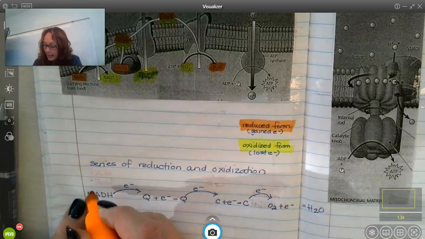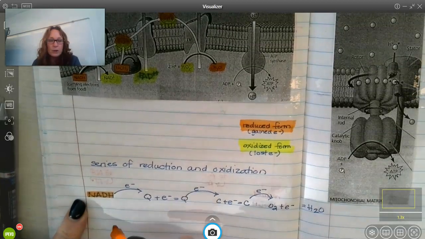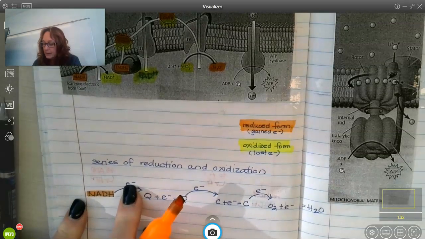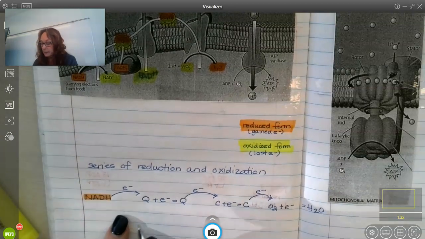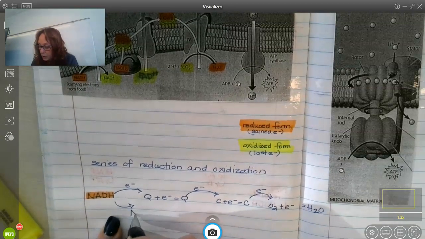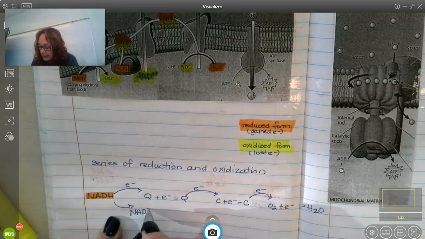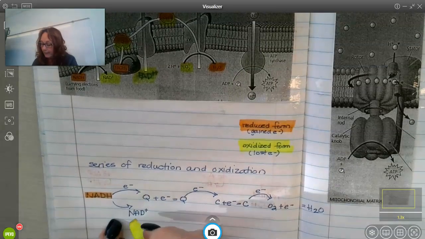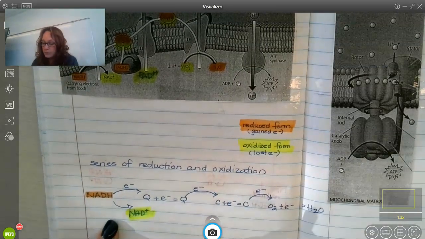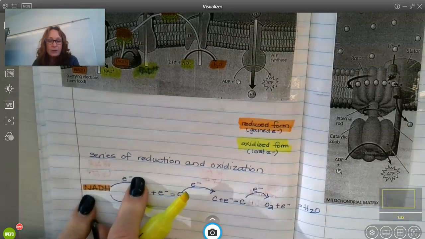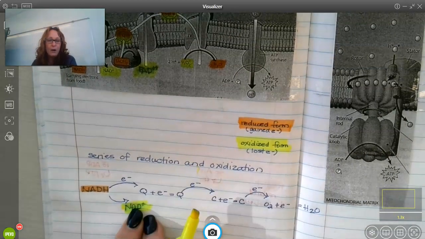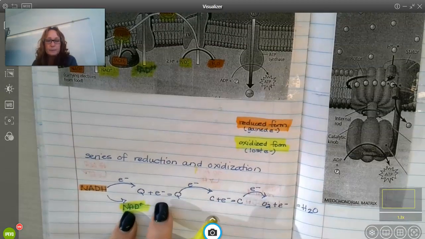So NADH in this form has electrons, right? It gives its electrons to Q, which means that NADH forms NAD+. That is the oxidized form. So this is in its reduced form. I've got electrons. I just gave them away. Now I'm in my oxidized form.